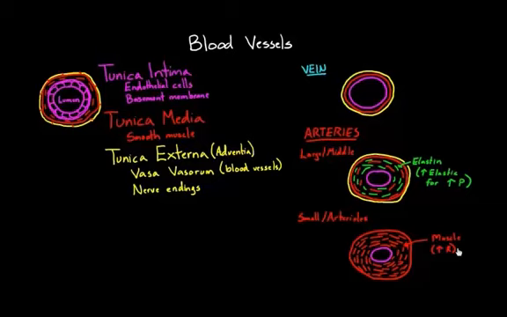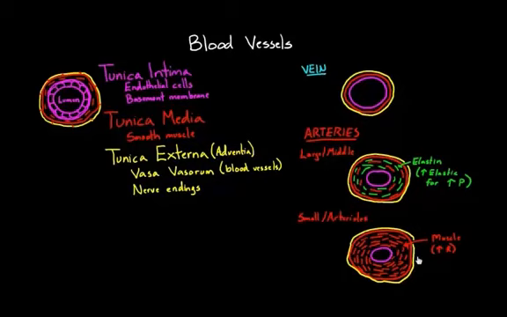So that's why the small arteries and arterioles are really helpful in squeezing down and changing blood pressures. And on the outside, they, as before, have that layer of tunica externa. And this, again, is where the nerve endings go and where the blood vessels or the vasa vasorum go. So that's where that layer is.